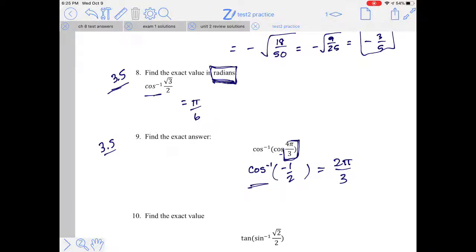Now, let's talk about variations. Suppose I erase the 4 and it's just inverse cosine of cosine pi thirds. They cancel straight out. How come? Because pi thirds is within the domain of cosine. So in this case, they would just straight up cancel each other out, and the answer would be pi thirds.